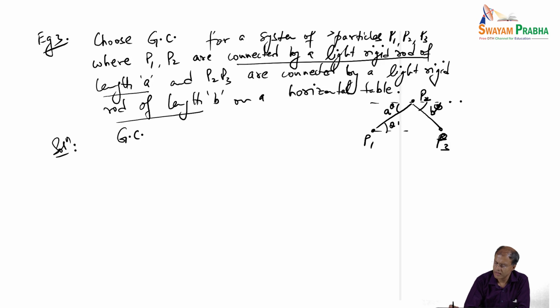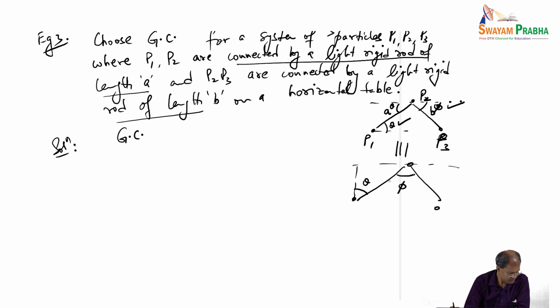So we have this one and we have this one, or we could equivalently define another set of generalized coordinates, theta and phi, and that is what we have, right? So these are the coordinates.